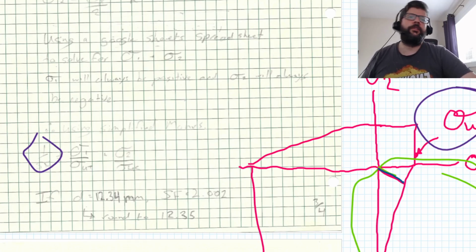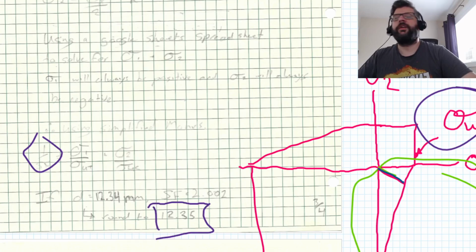And then I implemented that in our Google spreadsheet, and I was able to figure out that if you have a d of 12.34 millimeters, then our safety factor there is 2.002. So I rounded that up to 12.35 millimeters, since, might as well.